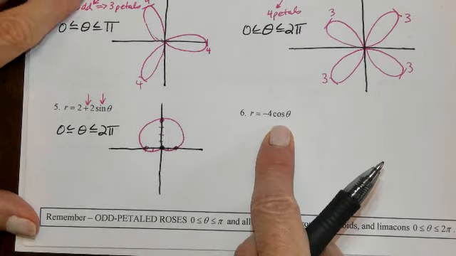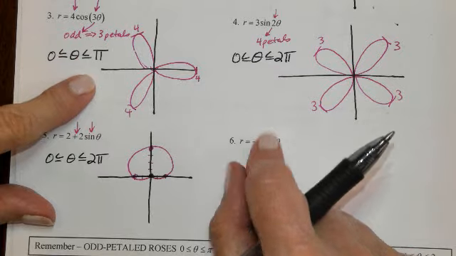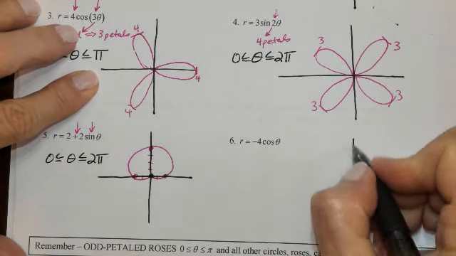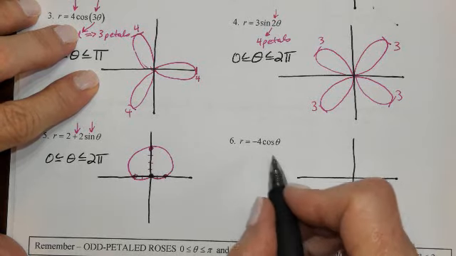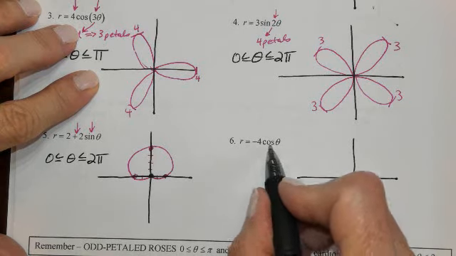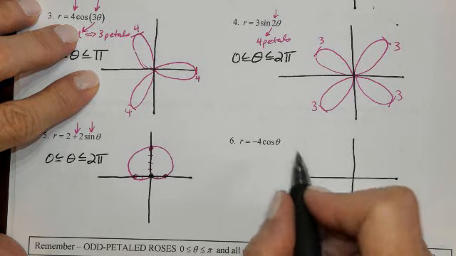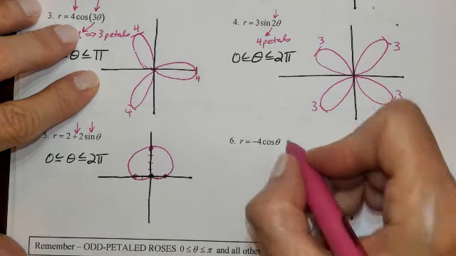What about this one? This one looks more like a rose. It's in that form, right? This one looks more like a rose, and we treat it like a rose. Okay? I see a negative cosine, so I know the bulk is going to lie on the negative x-axis. Okay? Now, how many petals will there be?